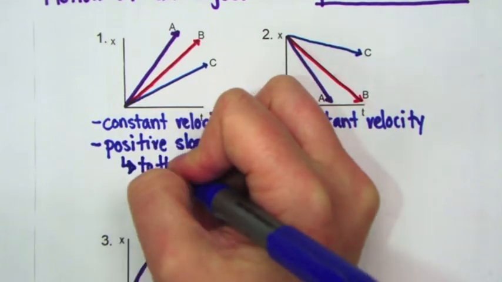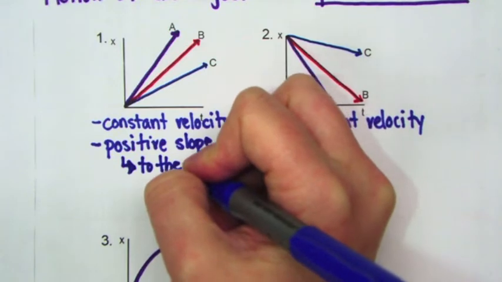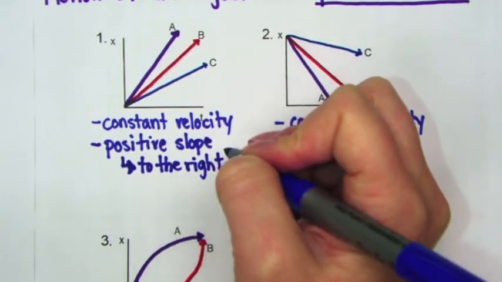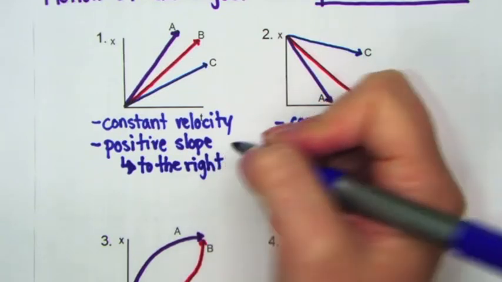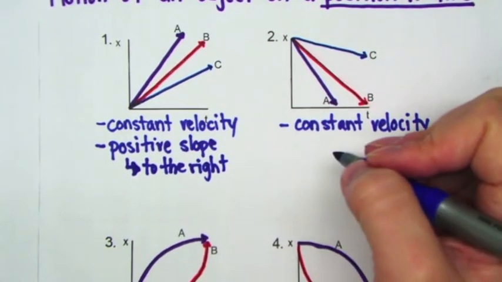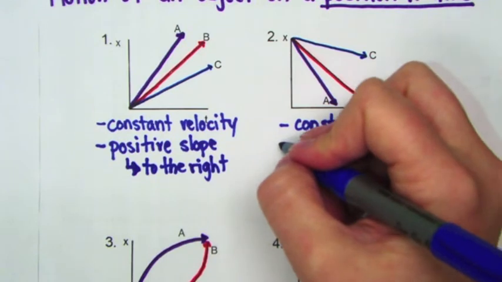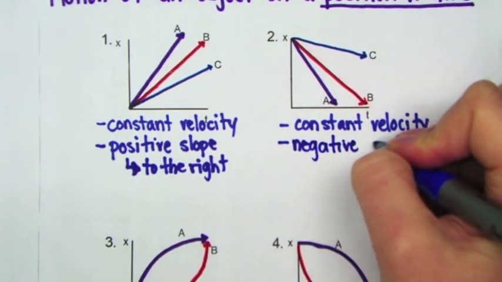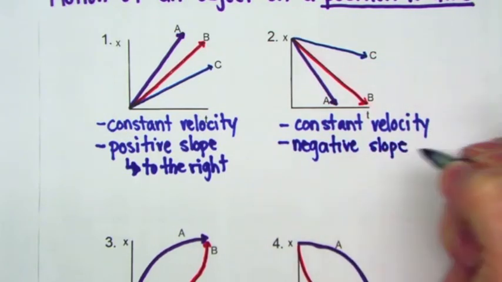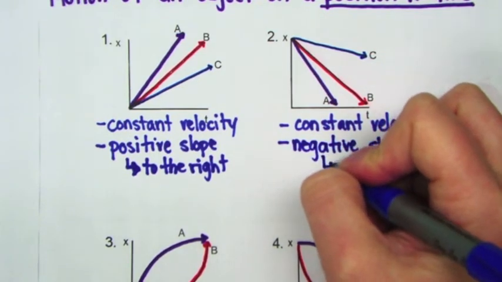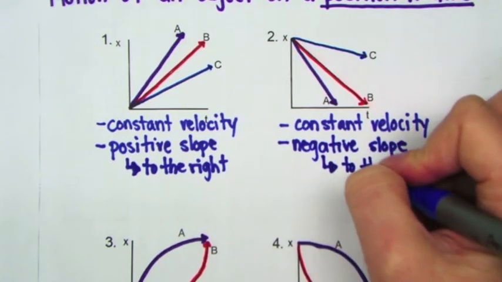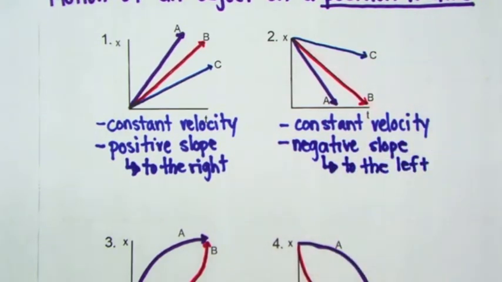in graph number 2, you'll see that we have a negative slope. Which means in the horizontal plane, the object is moving to the left. Okay? Please remember that it's all about the direction of the object, and just because it's going in the upward motion in graph 1 doesn't mean that the object is actually moving up.